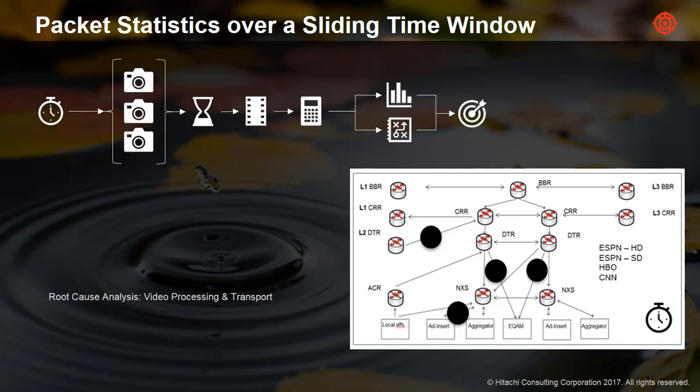So here's what we did. This is kind of a toy representation of a network operations center. Not shown is a satellite dish in the head end, but then there are some backbone routers and core routers, some distribution routers, some access routers. That NXS is either virtualization or firewall or both.